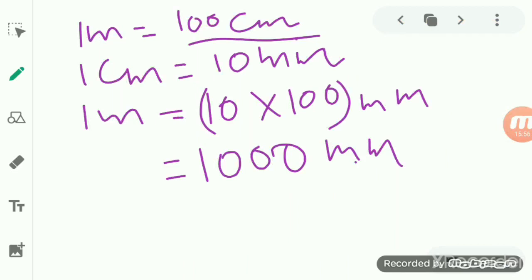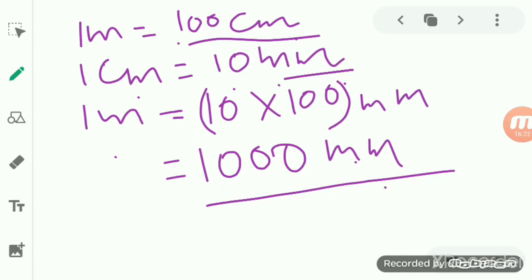Centimeter is smaller than the meter, and 1 centimeter is equal to 10 millimeter. Then 1 meter is equal to how many millimeter? That will be 100 into 10, which is 1000 millimeter.